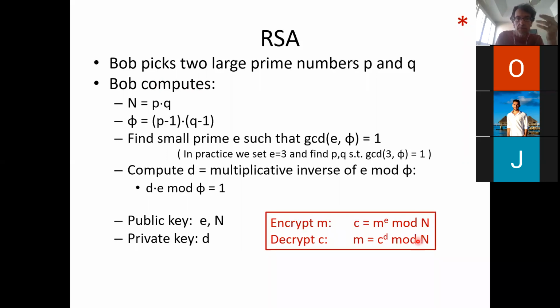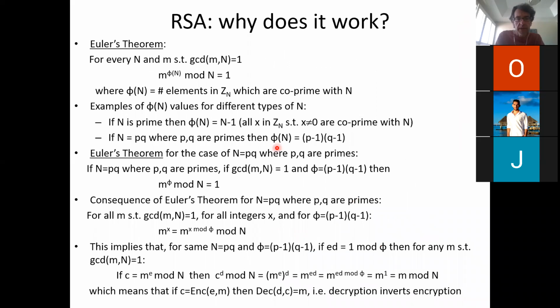My basic question is, if I encrypt M and then I decrypt the resulting ciphertext, do I get the same M back? And that I do will follow from the following. It's Euler's theorem that if you are exponentiating mod n, then once the exponent reaches phi of n, it's as if it was a 0.